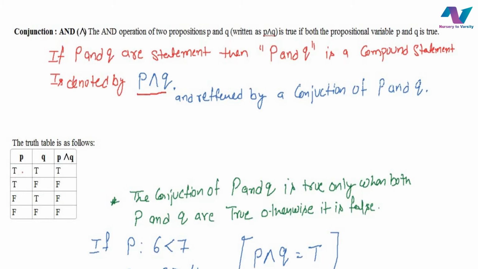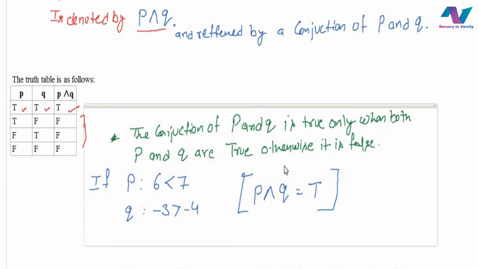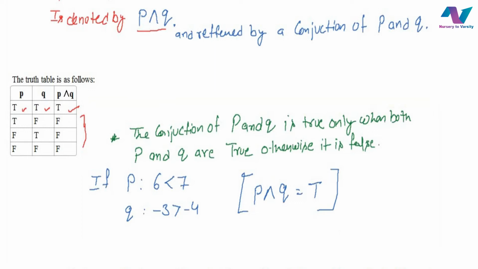If both P and Q are true, only then do we get true. In the remaining three cases we get false only. For example, if P is "6 is less than 7" and Q is "minus 3 is greater than 4", we get the value false if we apply P and Q here. So this is about our conjunction, or AND, connective truth table.